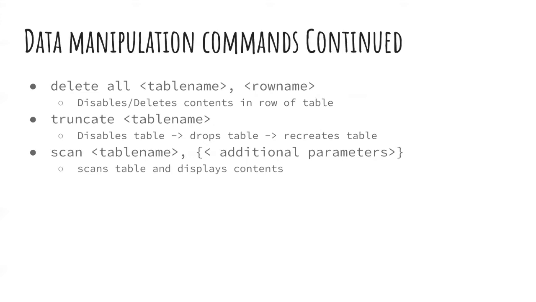For example, we can add time range, filter, timestamp, the limit, the max length, columns, the cache, and then the start row. Oh, and stop row. Forgot about that one. So those are all the parameters that we can use for the scan command.